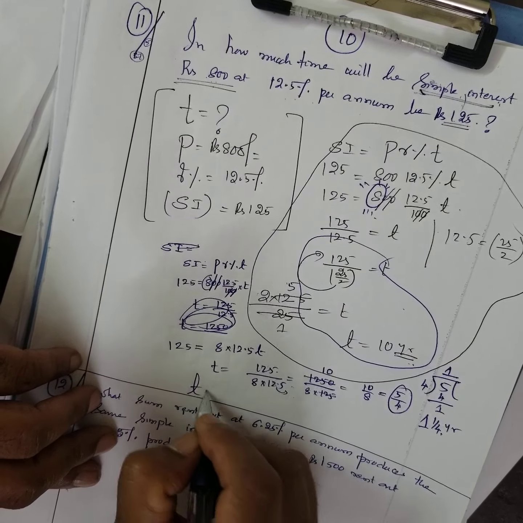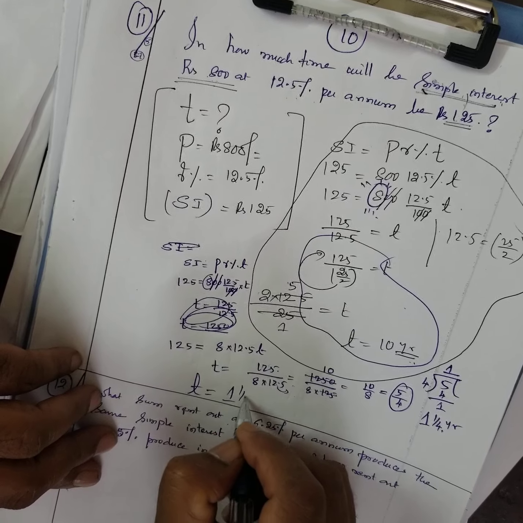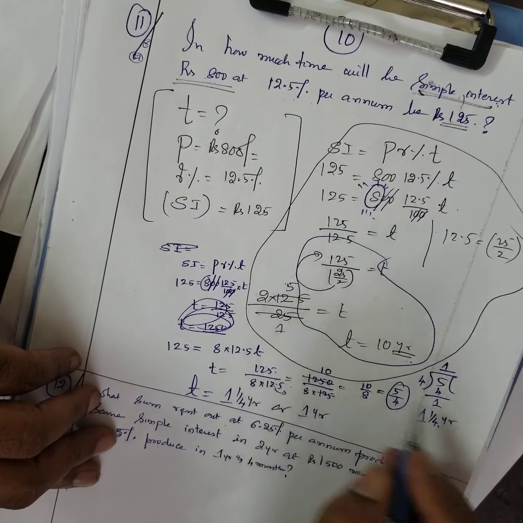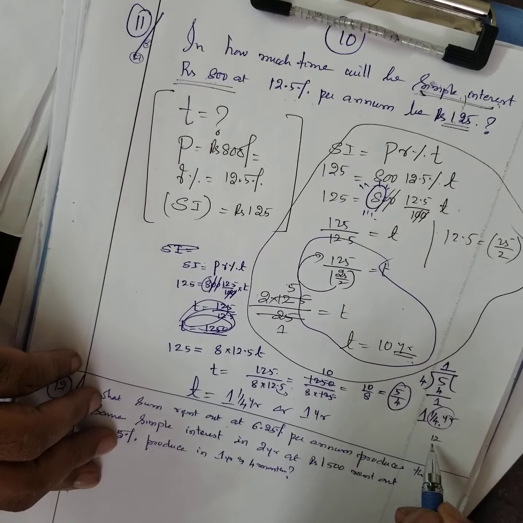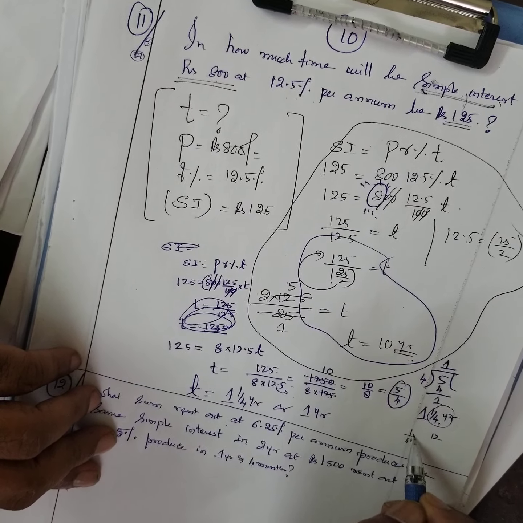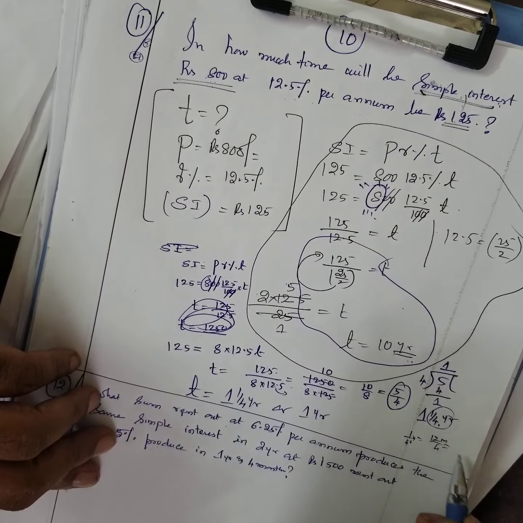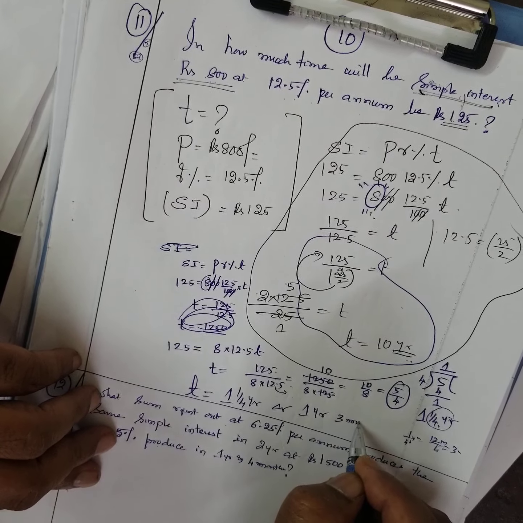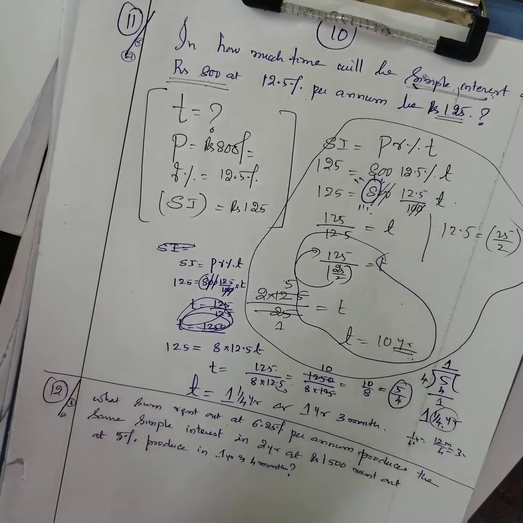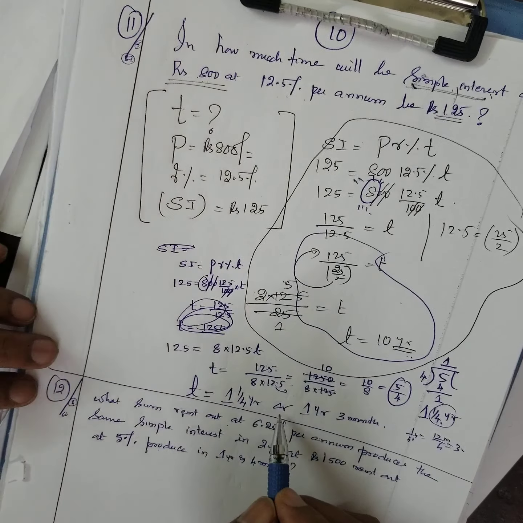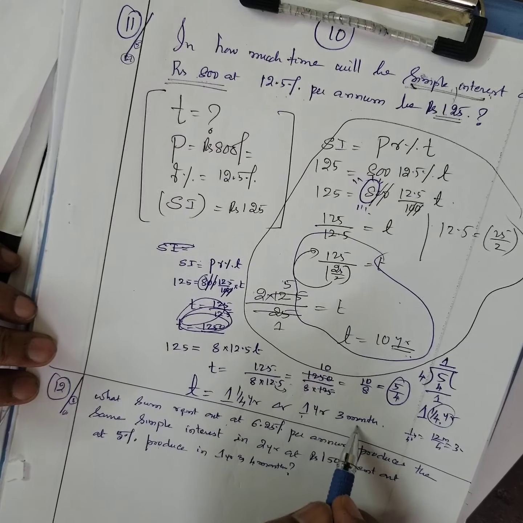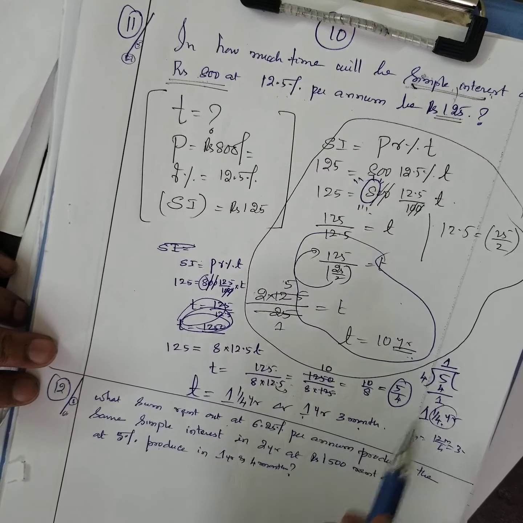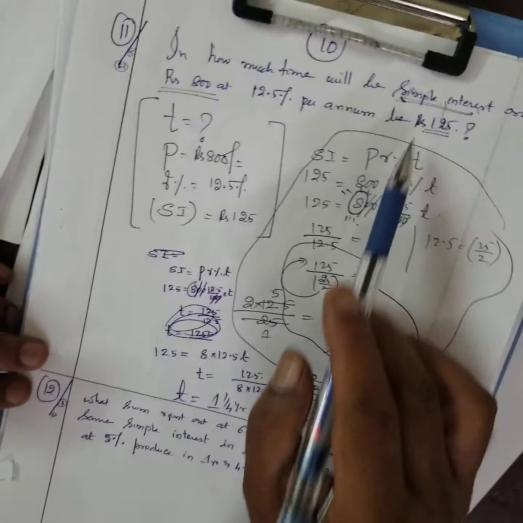Therefore the time is equal to 1 and 1/4 years. 1/4 year means what? 12 months by 4, that is 3 months. So 1 year 3 months. In 1 year 3 months, the simple interest is going to be 125.